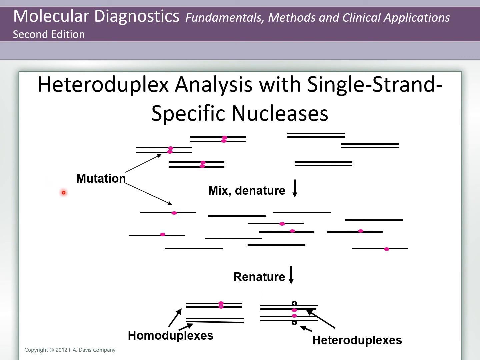In this figure, heteroduplex analysis begins with PCR amplification, in which heteroduplex formation occurs with the mutant sequence. The mutation on the target DNA can be seen as the pink dot in this diagram. As mentioned on the previous slide, once the PCR products are obtained, they are denatured and renatured to move forward with the single-strand specific nuclease format.